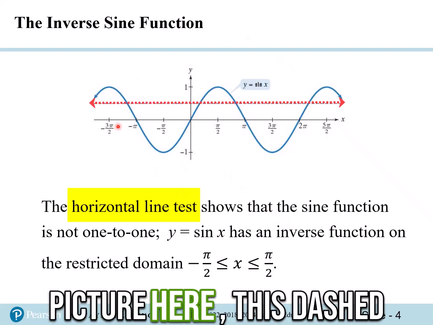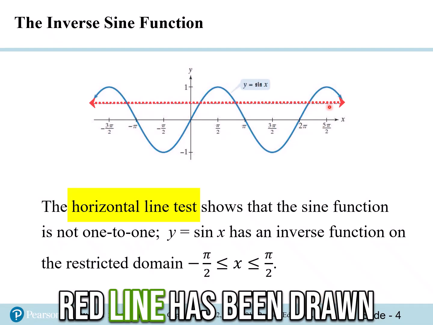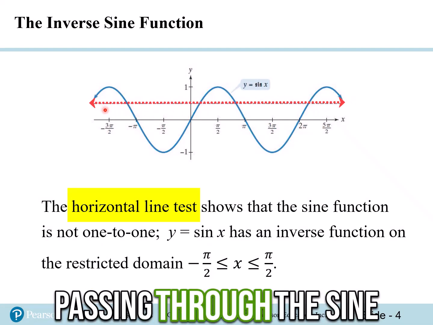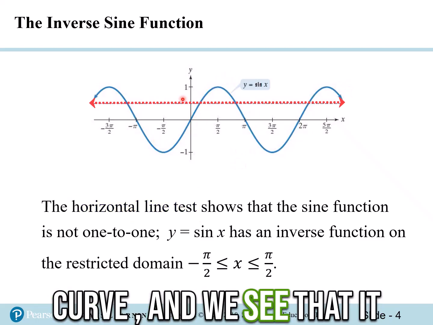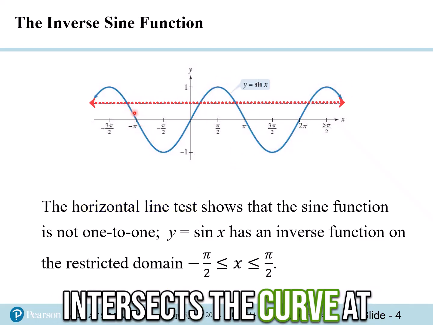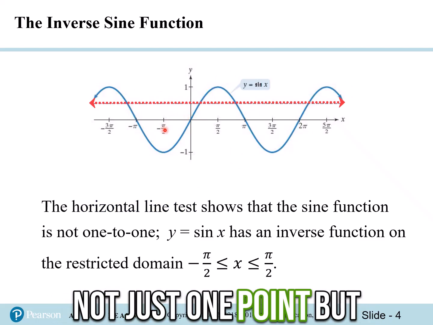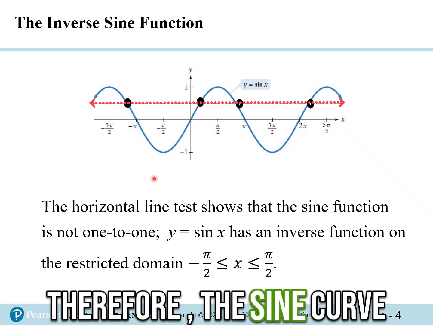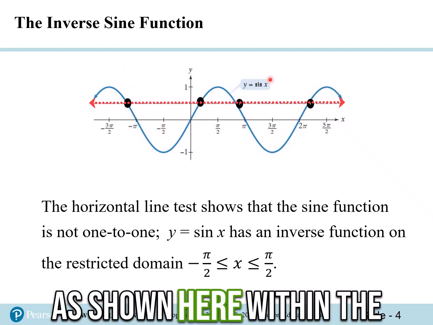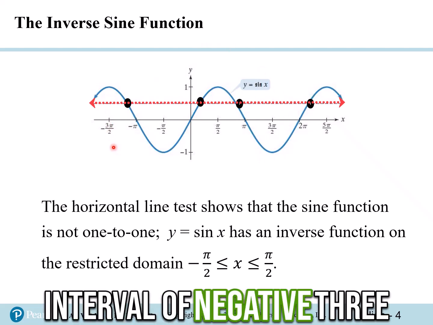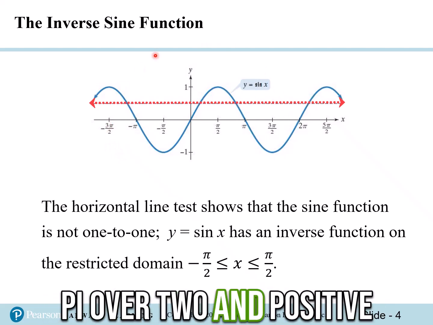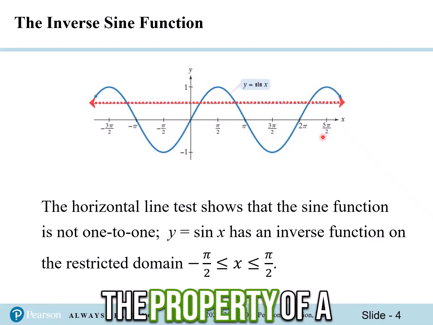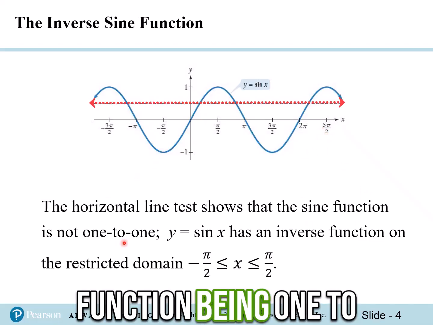In this picture here, this dashed red line has been drawn as the horizontal line passing through the sine curve, and we see that it intersects the curve at not just one point, but multiple points. Therefore, the sine curve, as shown here within the interval of -3 pi over 2 and +5 pi over 2, violates the property of a function being one-to-one.